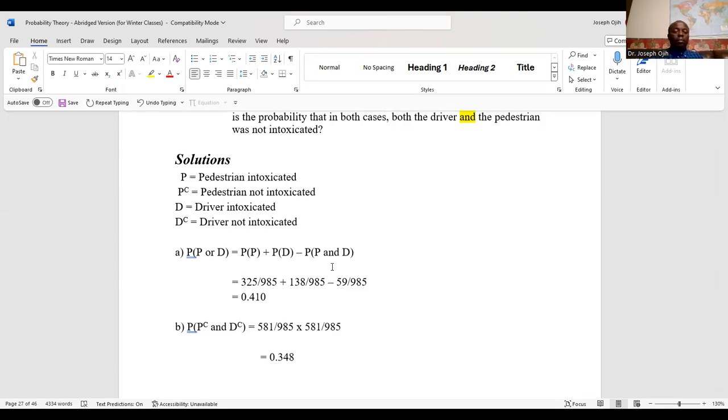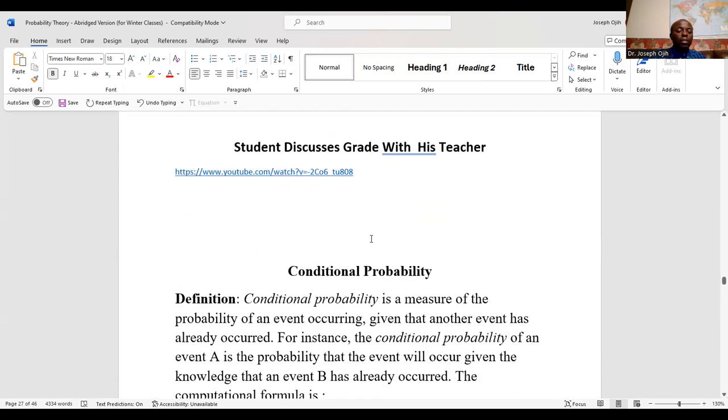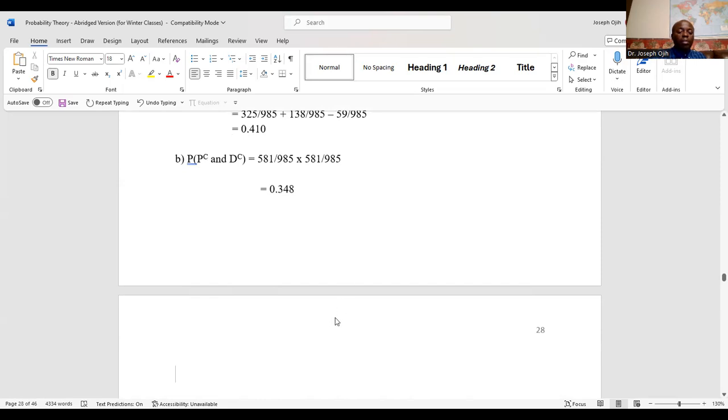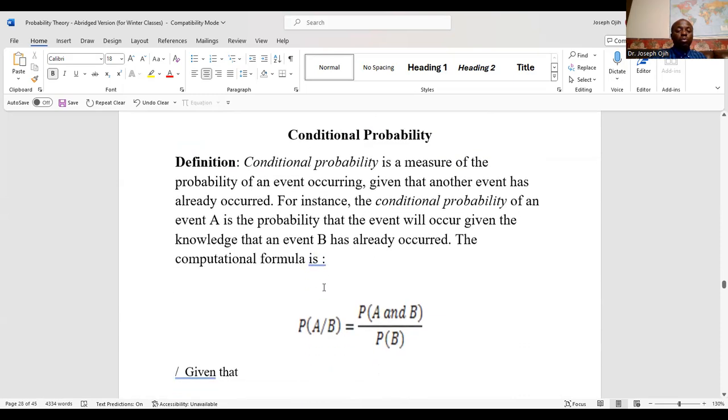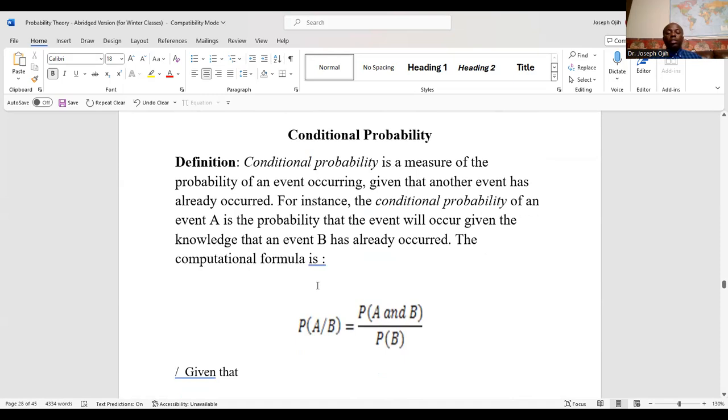So having said that, we can move to another topic called conditional probability. I've explained the examples, so now let's look at conditional probability. As you already know, in life, everything has a condition.